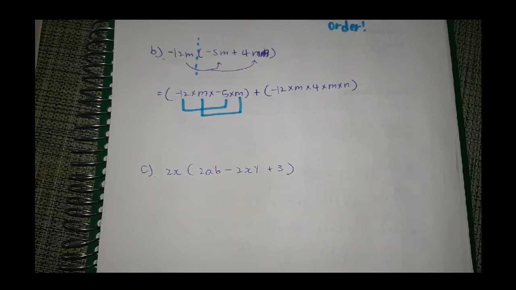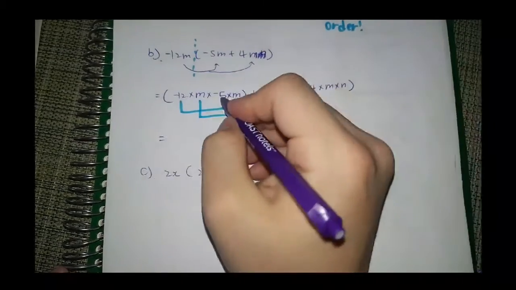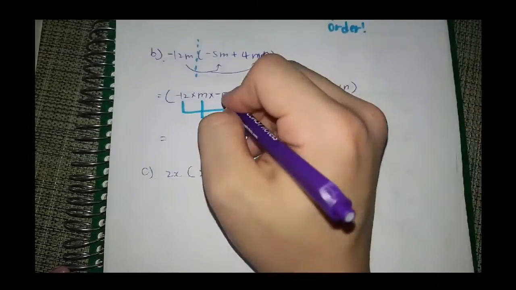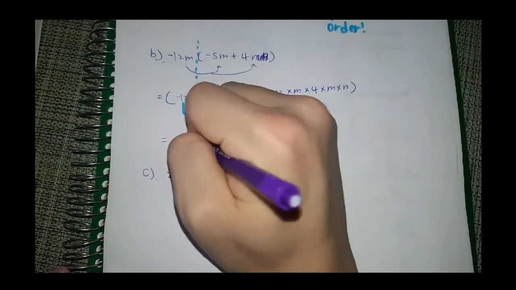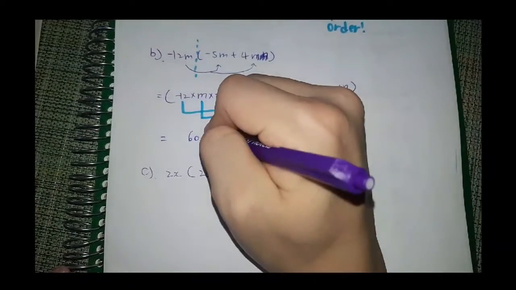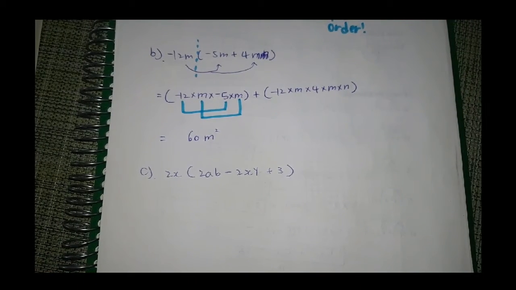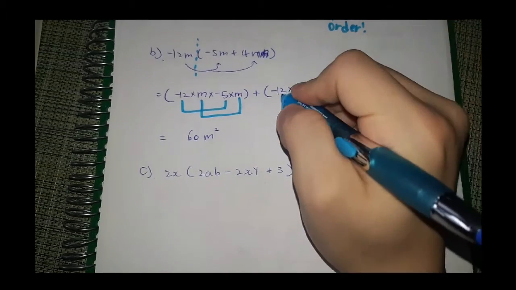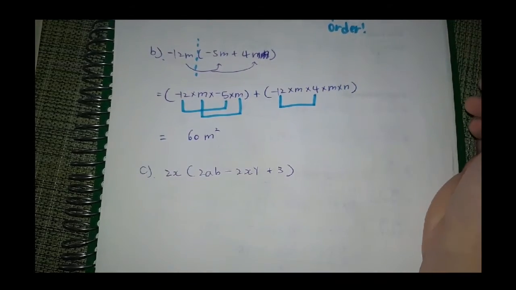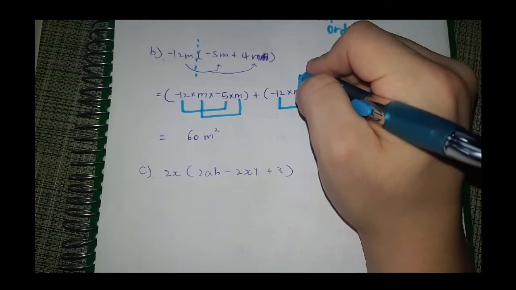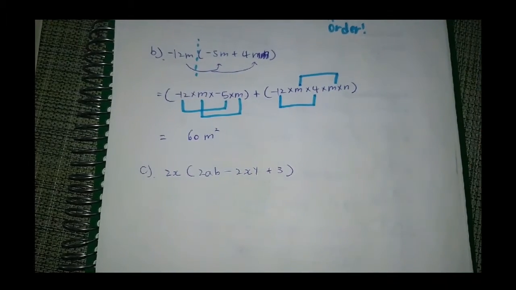So if I rewrite the whole expression for the first one, first of all, 12 times 5, that's 60, and negative turning into positive, so 60. And m times m is repeated twice, m squared. You can put it in this way. Other part, negative 12 and 4, I can combine. M and m, I can combine.